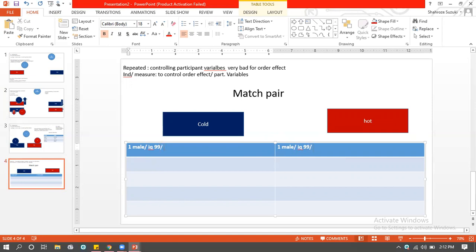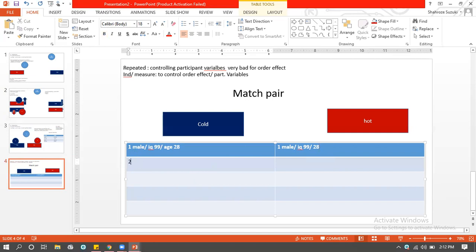Maybe the older you get, the less you can experience cold conditions. So he's of age 28. We're gonna make sure our participant number 1 in the hot condition is also the same age. So this is just participant number 1.